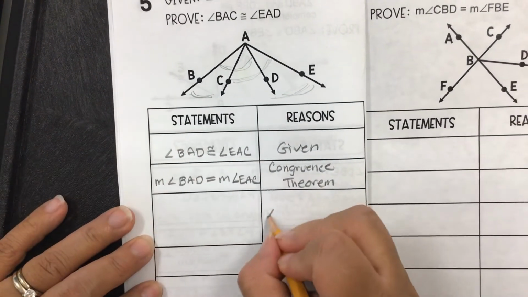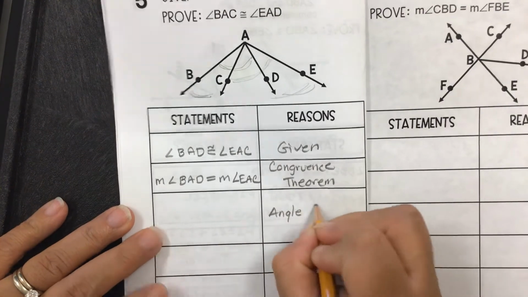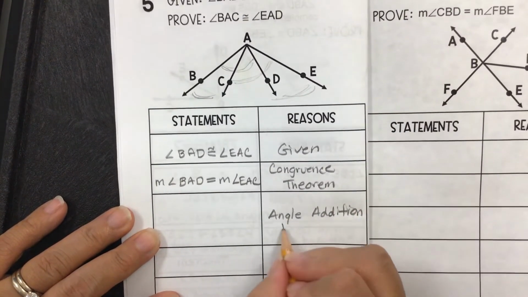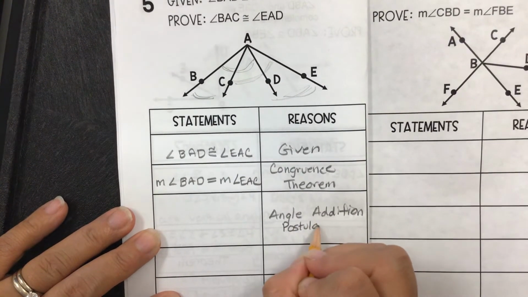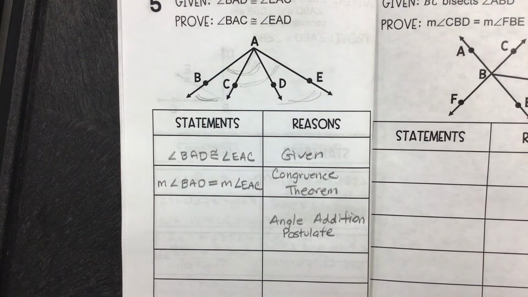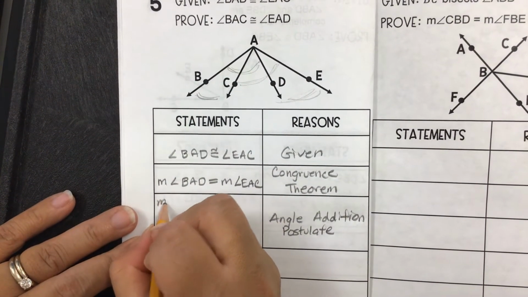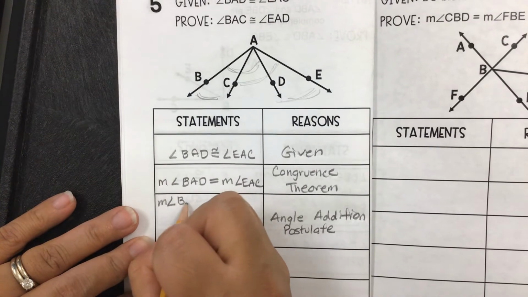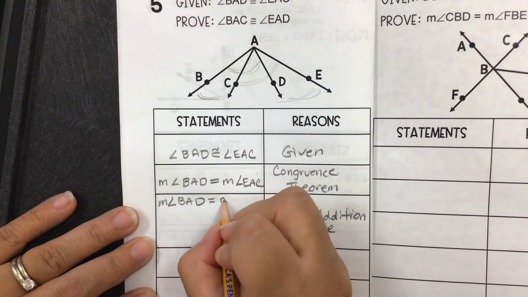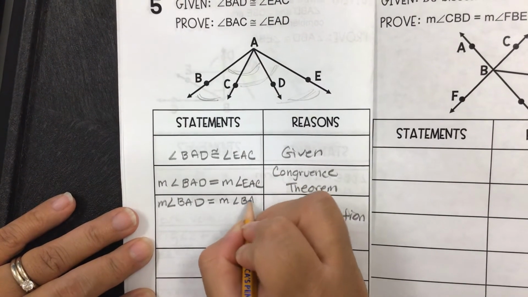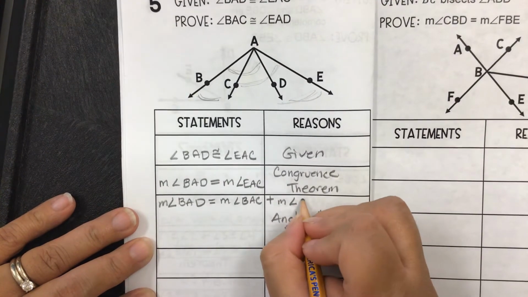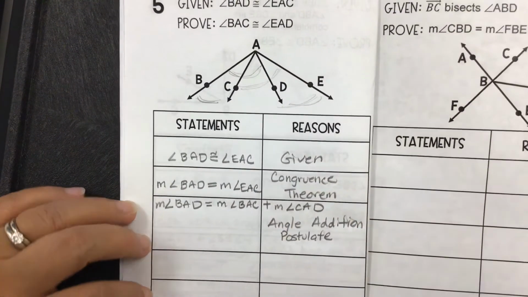Now we're going to use the angle addition postulate. And what that says is that when you add two pieces together, they give you a whole. So we're going to write that the measurement of angle BAD is equal to the measurement of the angle BAC plus the measurement of the angle CAD.